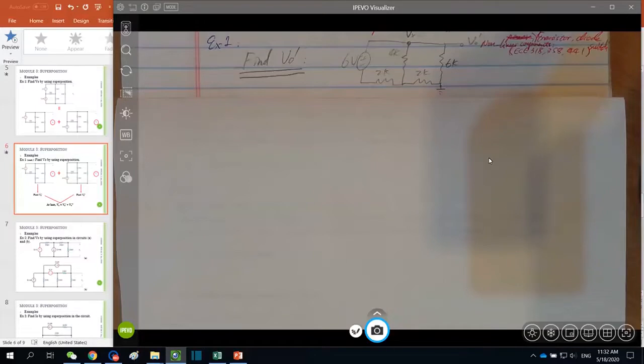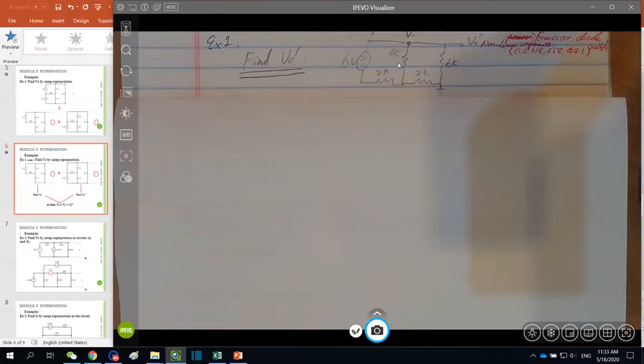To conduct voltage divider, first of all, you need to be very clear about the connections among these resistors. You can pause the video to try to figure out the connections among them, and then come back to listen to my solution. Here, first the 6 kilo ohm is in series with the 2 kilo ohm down here, and then the total is in parallel with this 4 kilo ohm.